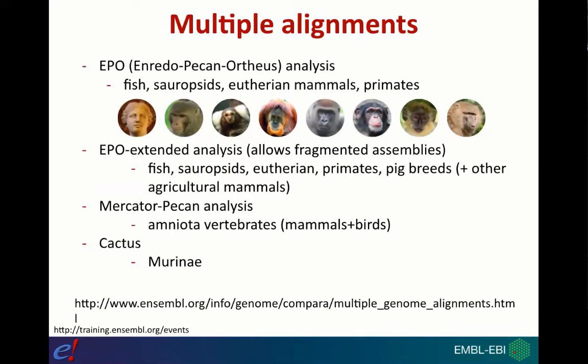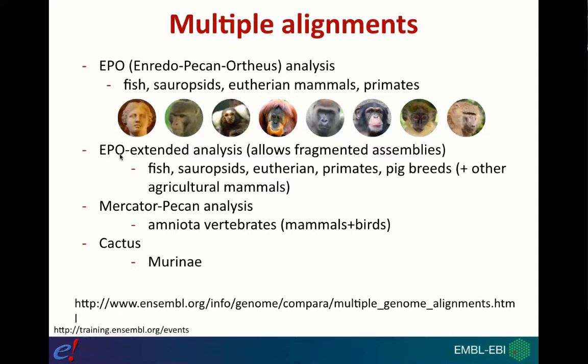The multiple alignments are performed on predefined species sets. For example, the EPO analysis, the Enredo, Pecan, Orpheus multiple genome alignment pipeline, performs whole genome alignments across the species set, so the fish, or the sauropsids, or the eutherian mammals, or the primates, for example. In Ensembl, we have species sets, so the primates form one species set, and then the EPO pipeline will perform the multiple whole genome alignment across that species set.